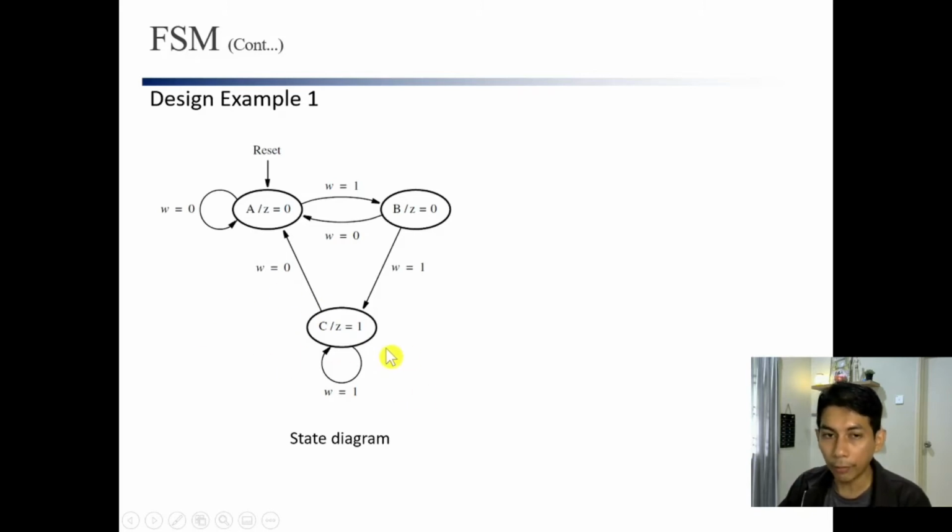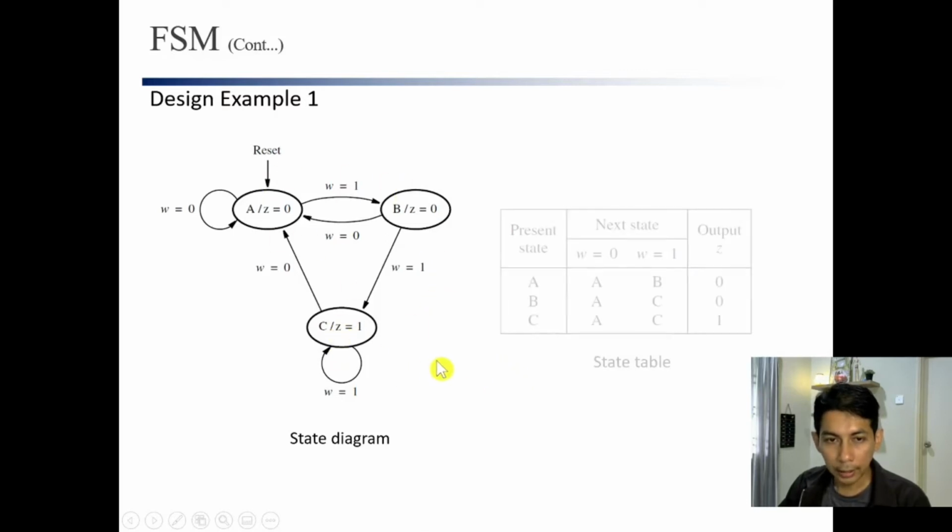But if you have four states, how many flip-flops do you need? You need two flip-flops: 00, 01, 10, 11. But if you have five or more states, you will need more flip-flops. If you have five, you need at least three flip-flops, 000 until the fifth state, which is 100.